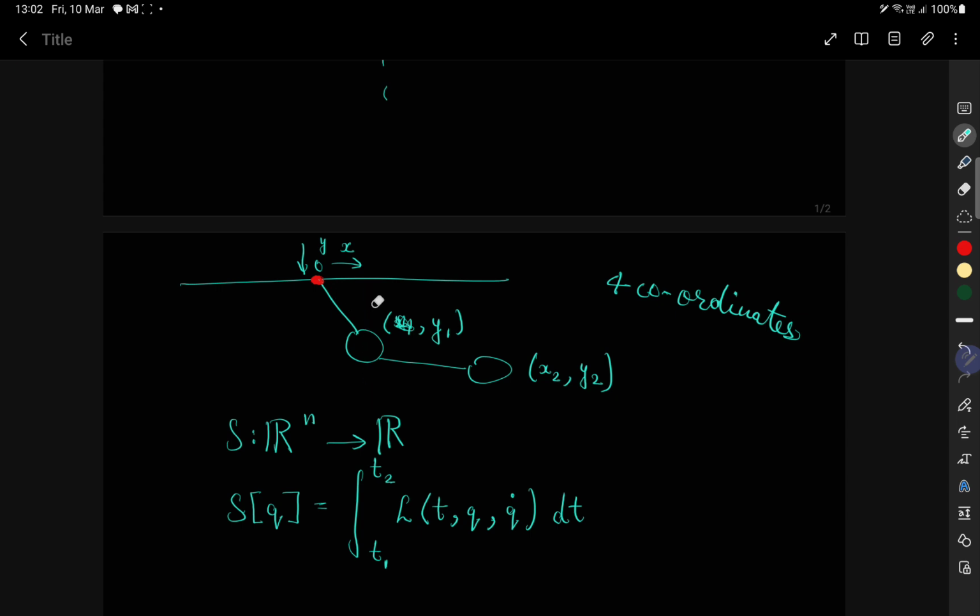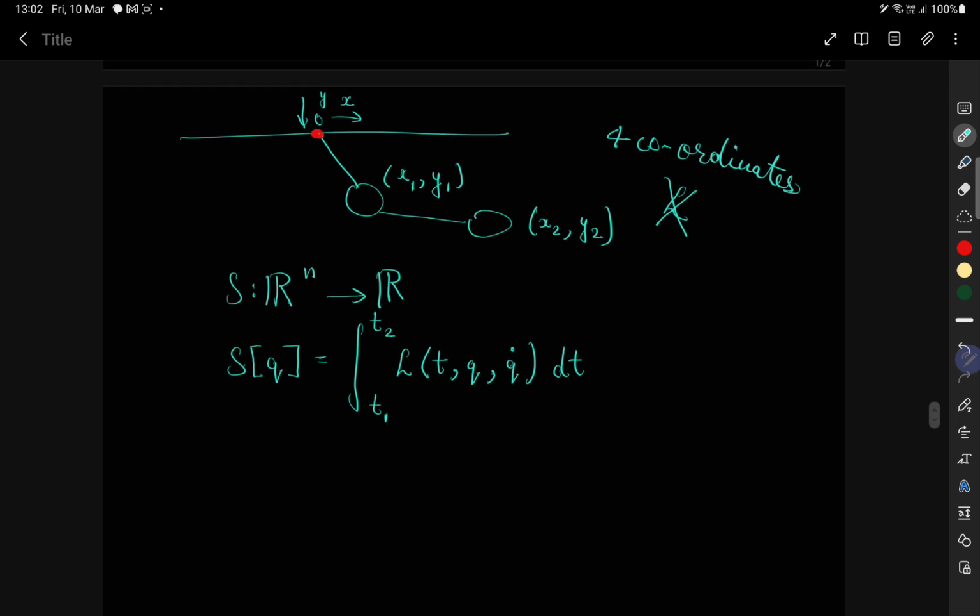So I can't use this set of coordinates to describe this double pendulum, at least if I want to use the Lagrangian. So this will not work with the Lagrangian. This does not form a holonomic system, so I can't use it.